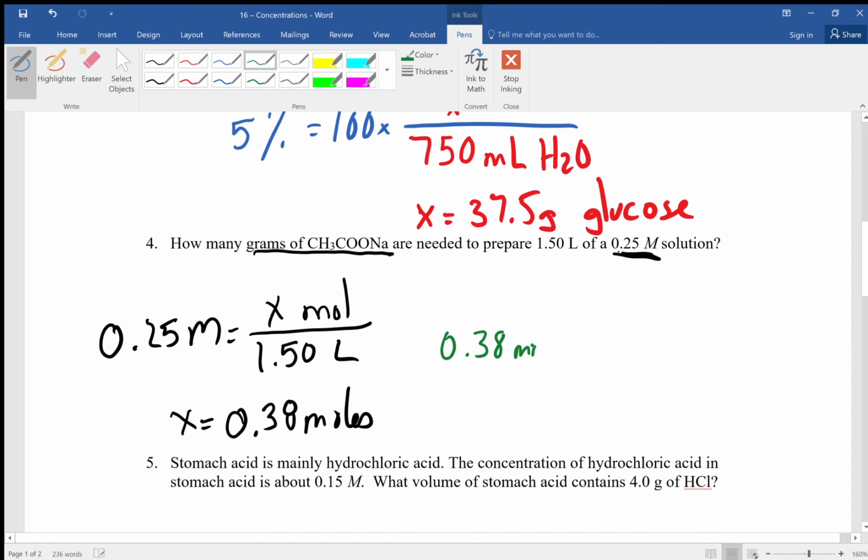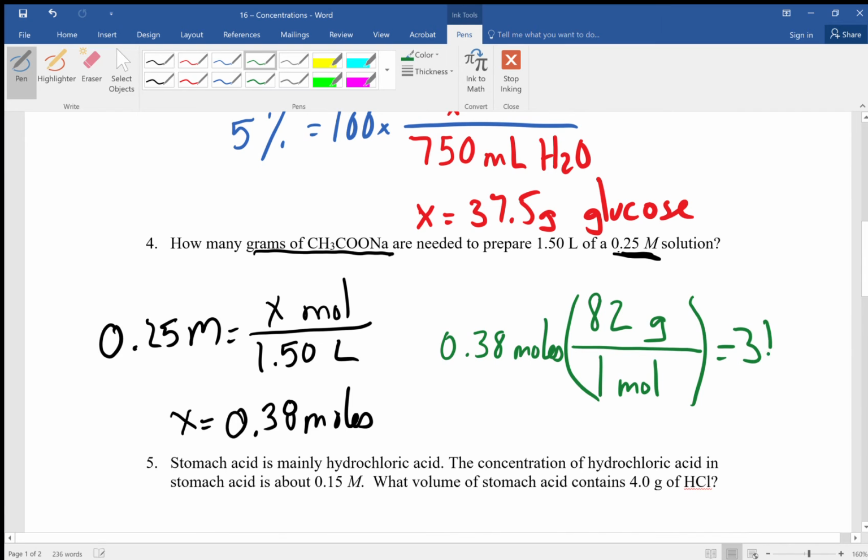Now we can take that number of moles and multiply by the mass of our solute. Our solute here has a mass of 82 grams per 1 mole. And so we find out that to make the solution as desired, we would need 31 grams of solute.